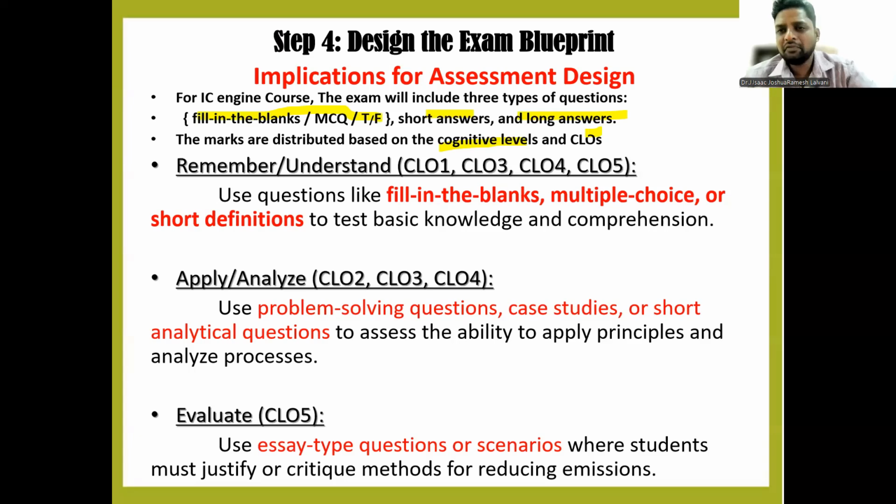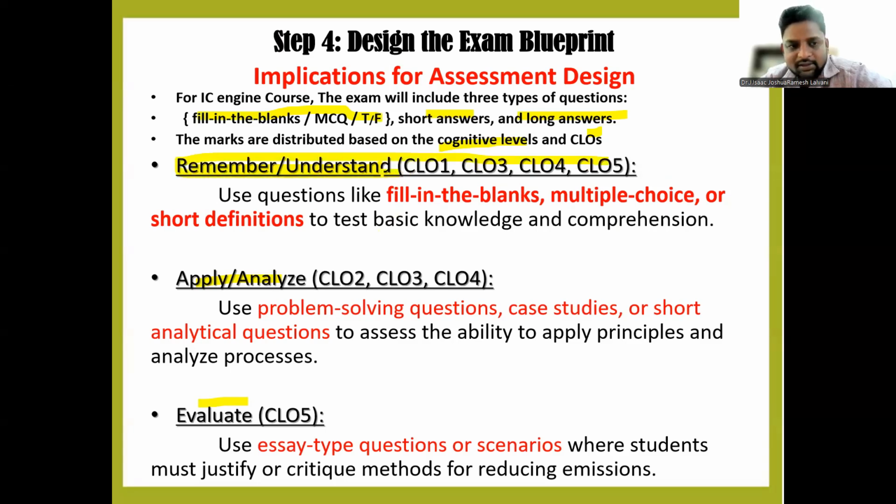We will discuss that further. Your question bank, teaching manual, item analysis, everything you will see. Here, remember and understand are the first category of your Bloom's levels, then apply, analyze and evaluate. Your CLO1, CLO3, CLO4 and CLO5 come under the remember and understand category.